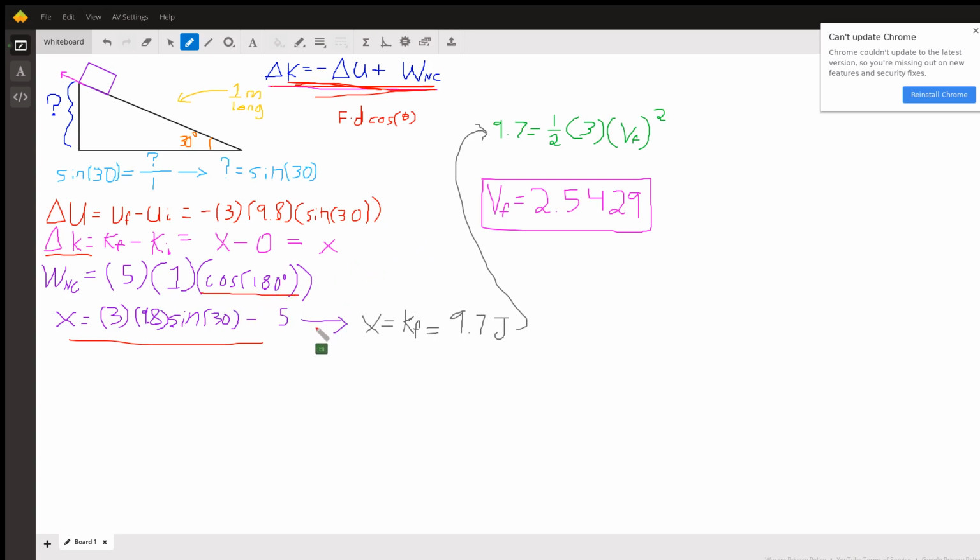So we solve for X, which X, as we know that K initial equals 0, we can just say that delta K is the same thing as KF. So KF equals this, and then this is the equation for kinetic energy, and we can use it to find the final velocity.